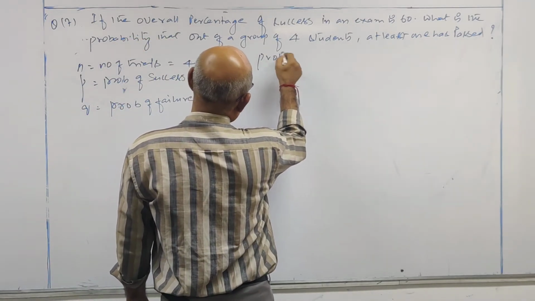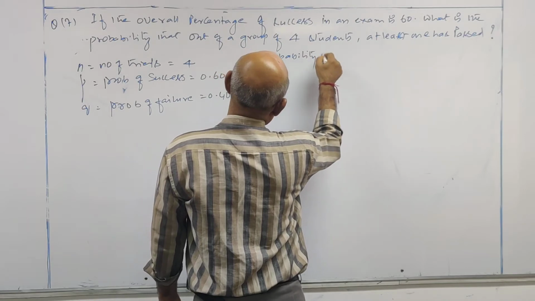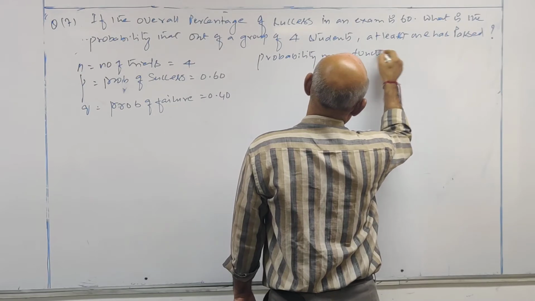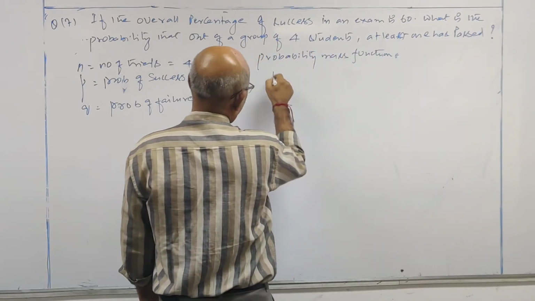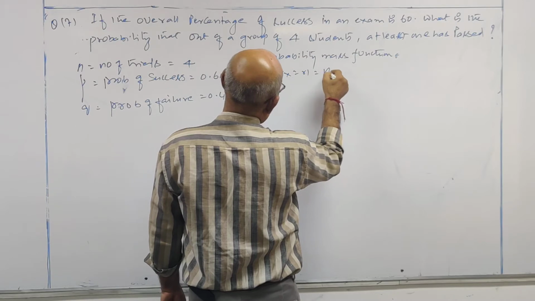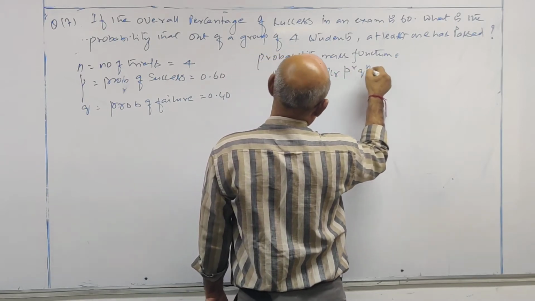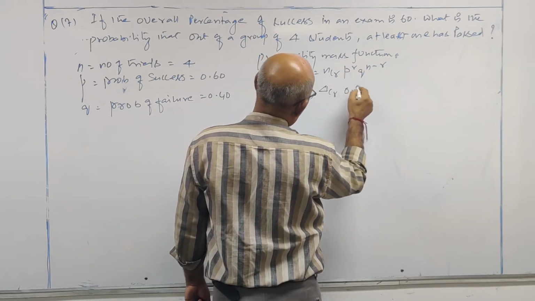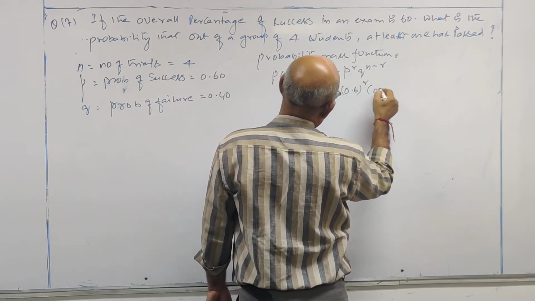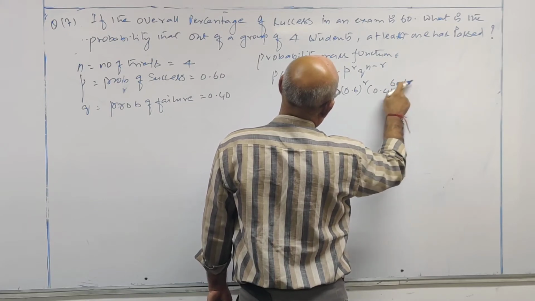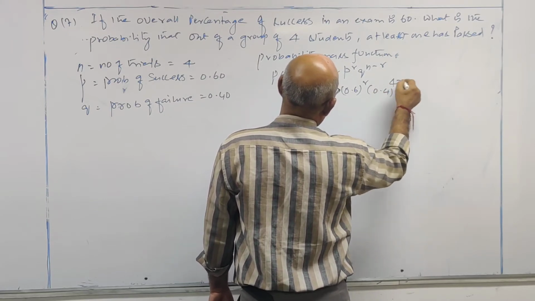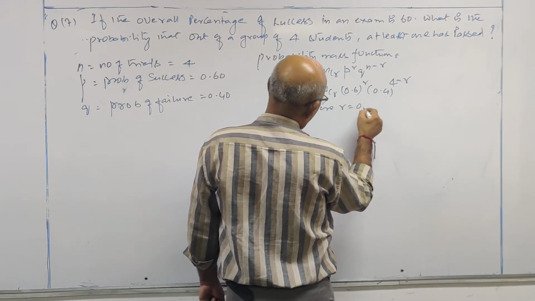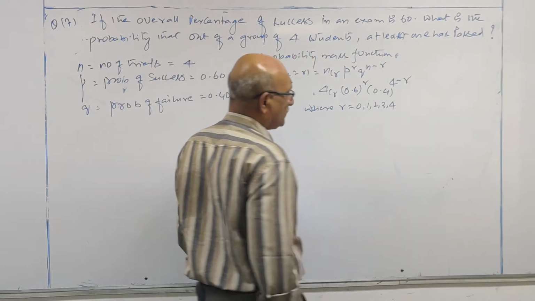So probability mass function is equal to NCR P to the power of R Q to the power n minus R. 4CR 0.6 whole power R, 0.4 whole to the power 4 minus R, where R is taking the values 0, 1, 2, 3, 4.